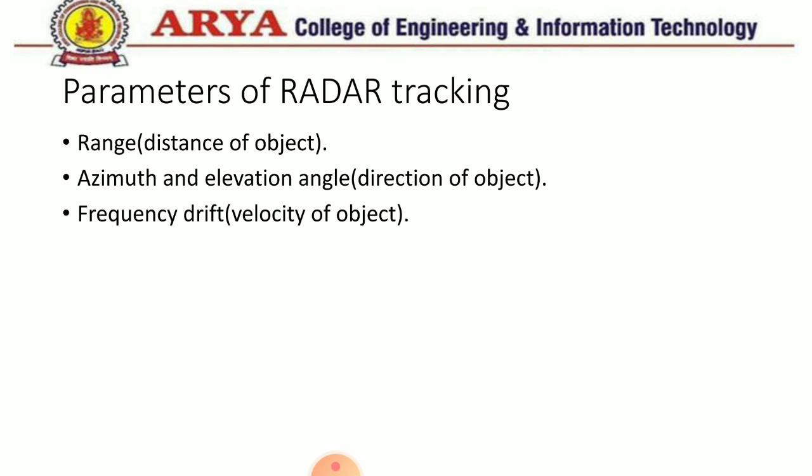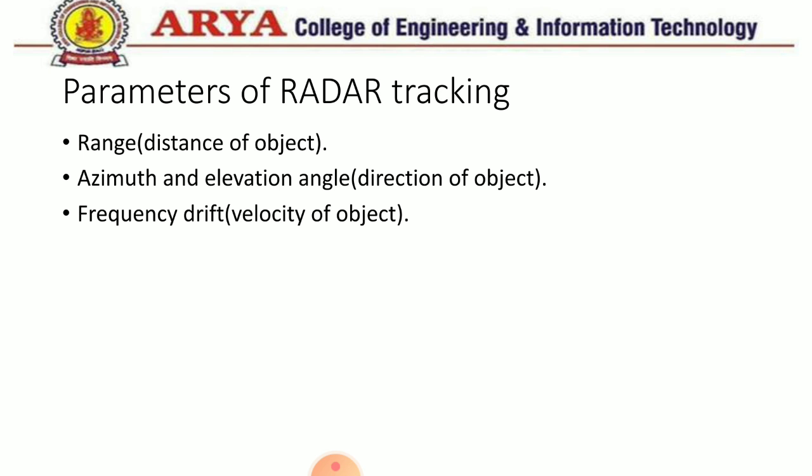Second is azimuth and elevation angle. Based on the beam of the radar we can identify the azimuth angle and the elevation angle.